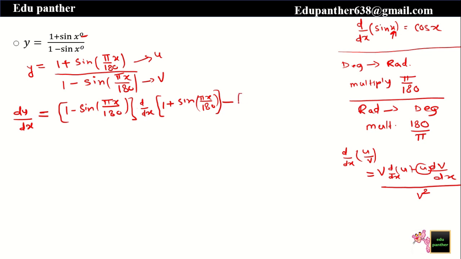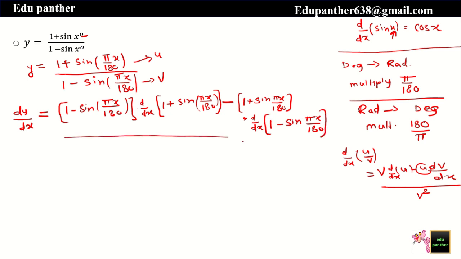So u means 1 plus sine pi x upon 180 into derivative of v, which is 1 minus sine pi x upon 180 divided by this whole term divided by v square.